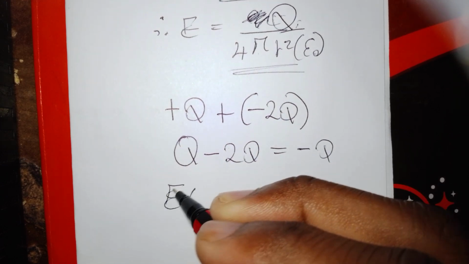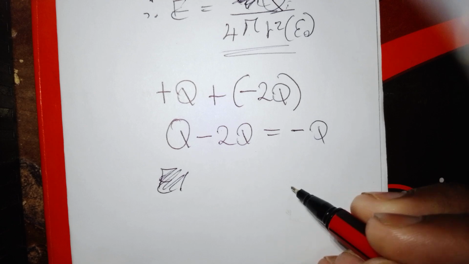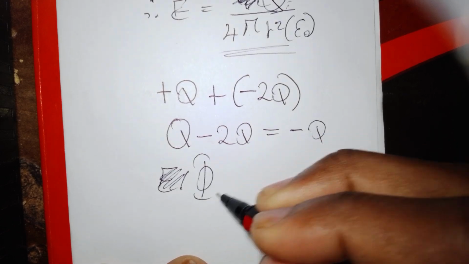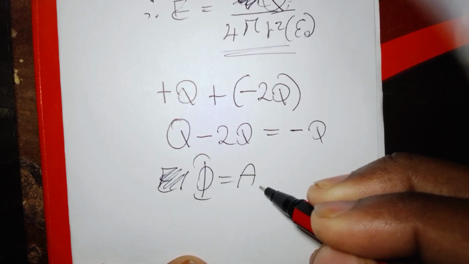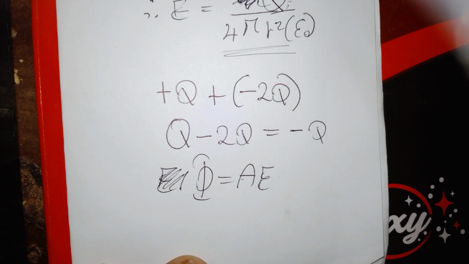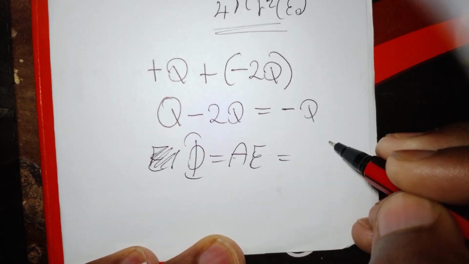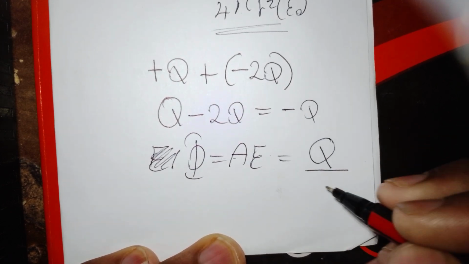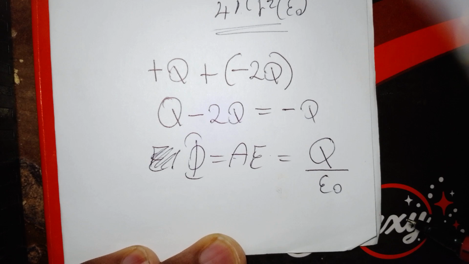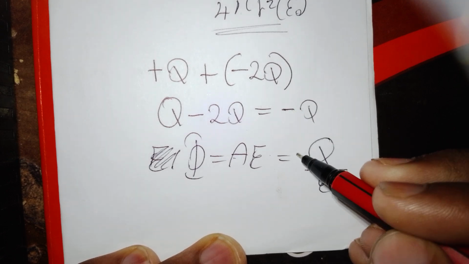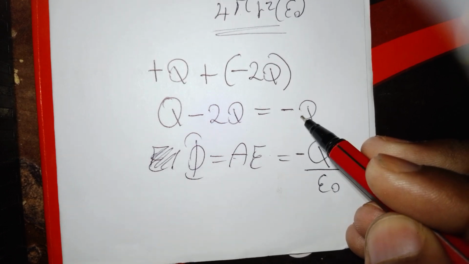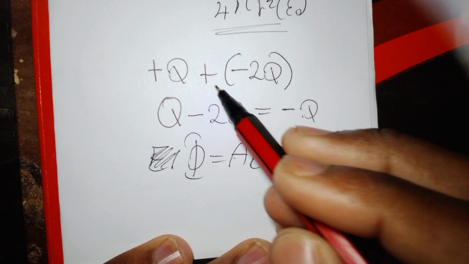Thus, this is how you're going to find the electric field. You say the electric flux is given by EA, which is equal to the charge divided by epsilon naught. But in this case, the charge is negative q, because of this additional charge.